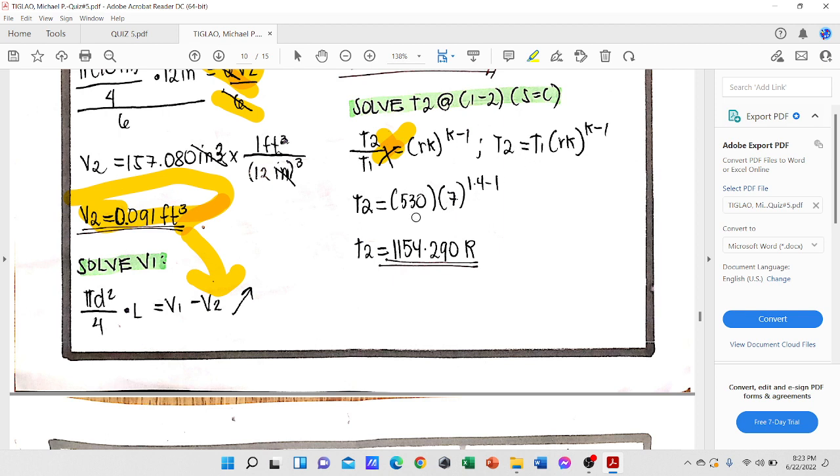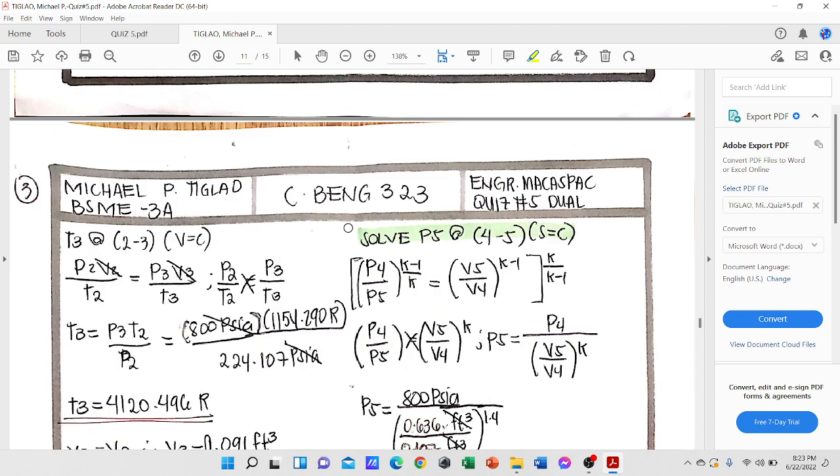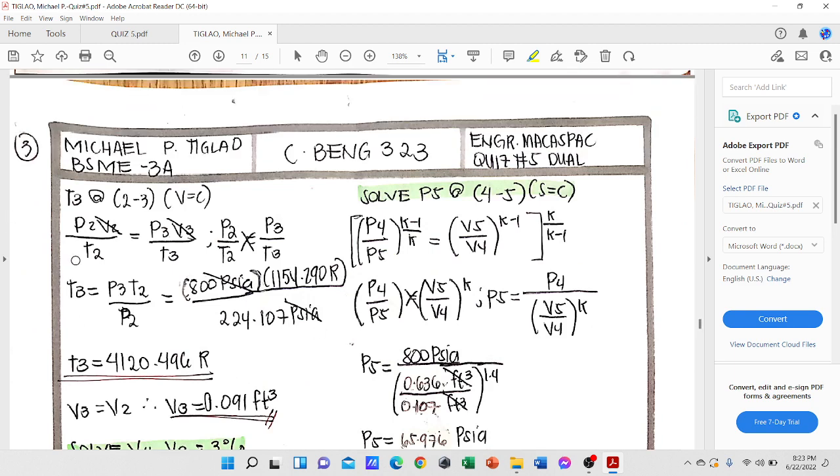Then we just substitute the values. T1 is 530 Rankine, and RK is 7 raised to 1.4 minus 1. So, our temperature 2 is equal to 1,154.290 Rankine.